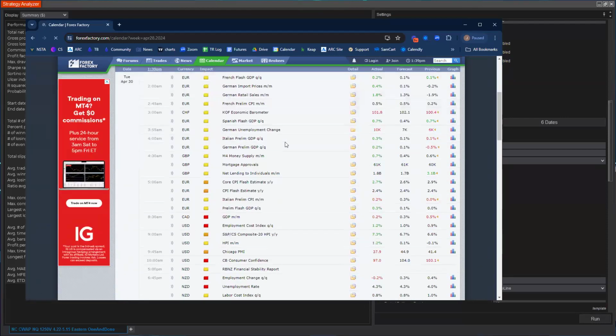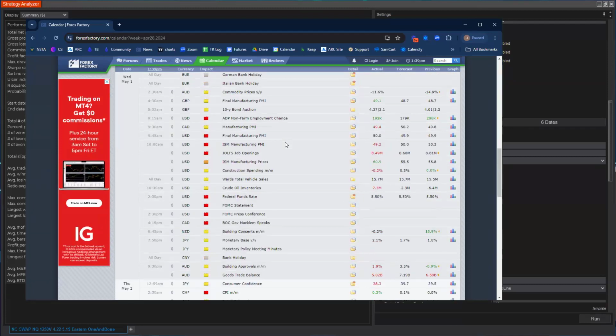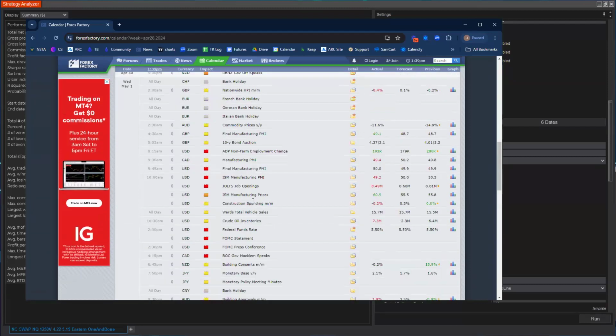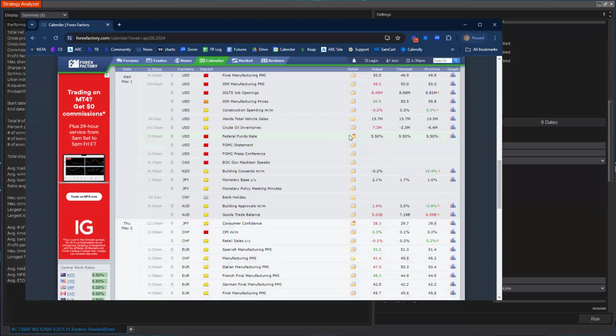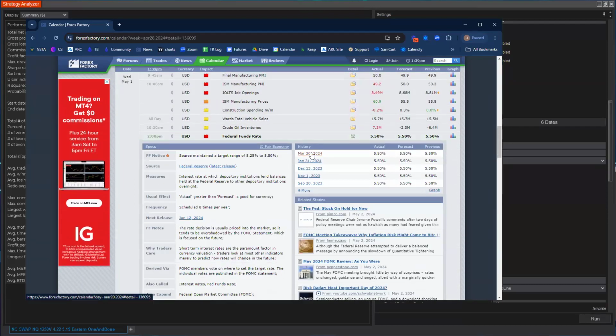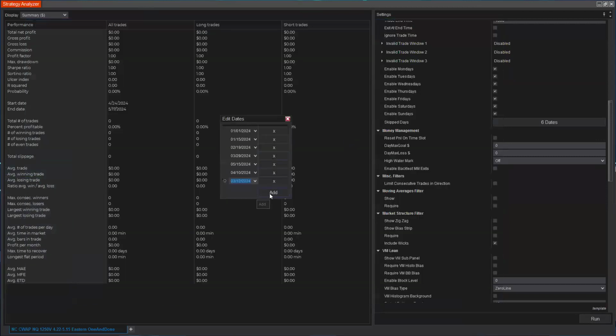I think I missed this week. There it is. All right, so May 1st. And we can go in and look at what's the history there. May 1st, March 20. So we go and May 1st. There we go. Cool.